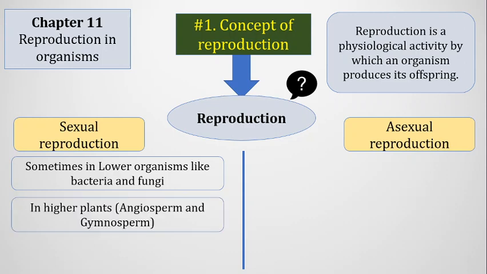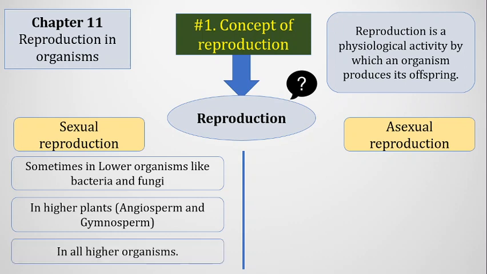But higher plants, that is angiosperms and gymnosperms, usually reproduce by the sexual method. They have pollen grains and ovum in their flowers, and they meet together and a new seed or fruit is produced. In all higher organisms, the usual mode of reproduction is sexual.